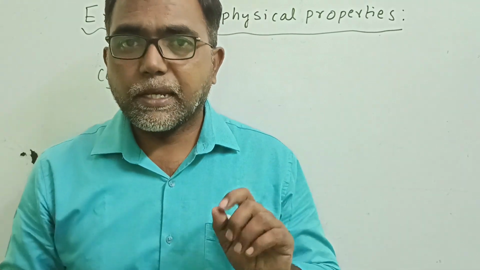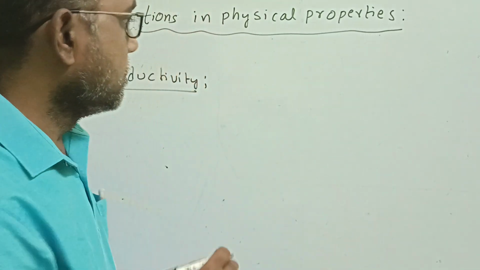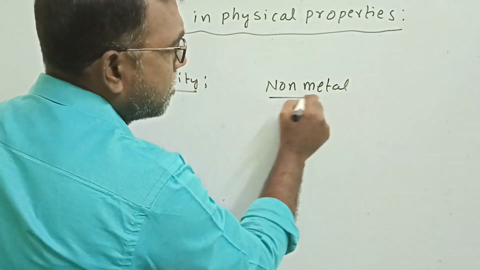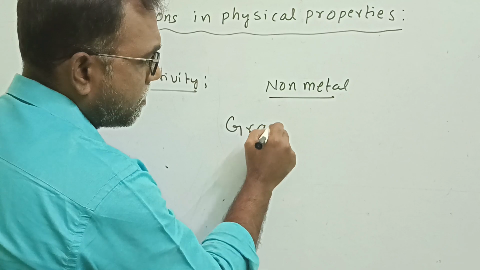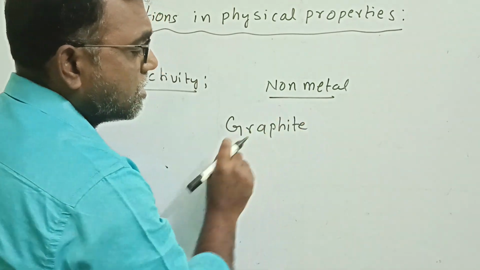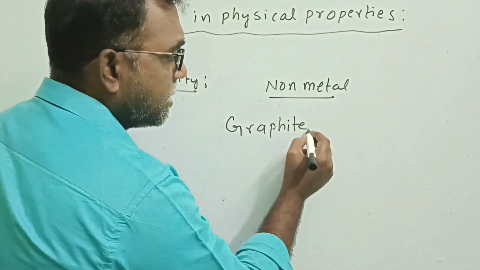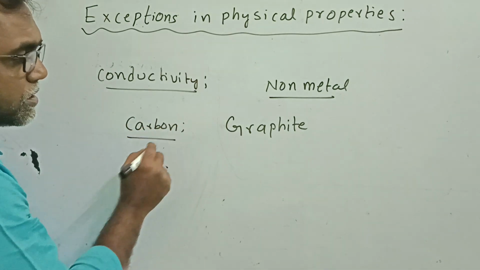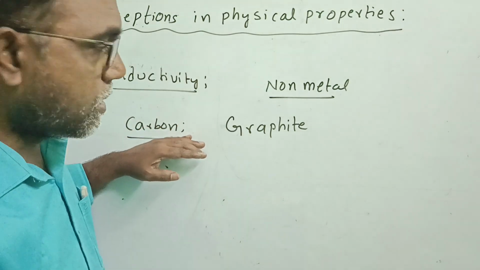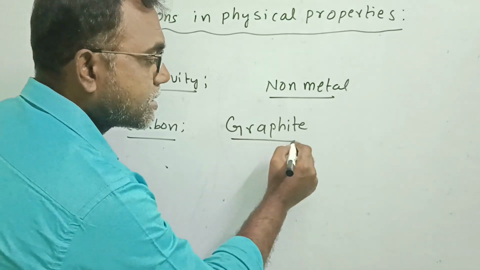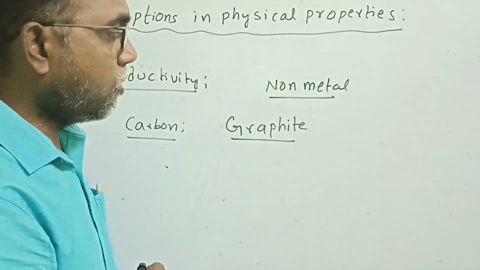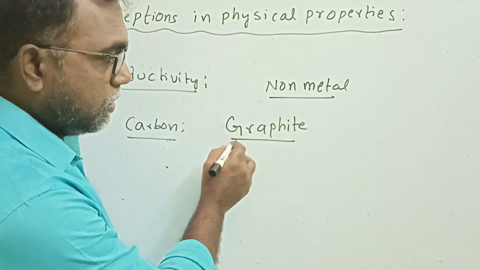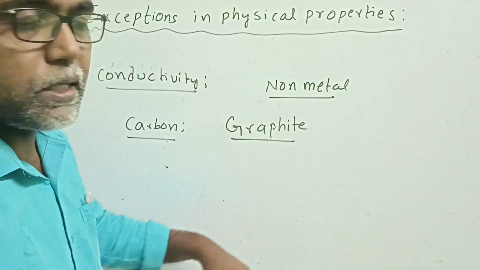But there is one exception in case of non-metals: graphite. So what is graphite? Graphite is an allotropic form of carbon which conducts electricity.